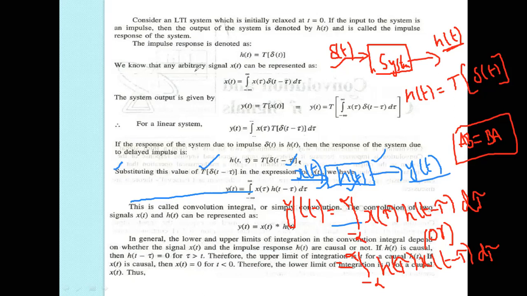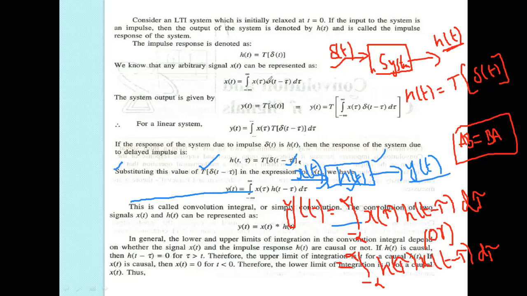We know that any arbitrary signal x of t can be represented as follows: any signal multiplied with the delta function gives the same signal. x of t is equal to the integral from minus infinity to infinity of x of tau delta of t minus tau d tau. According to the properties of the impulse function, x of tau delta of t minus tau d tau.